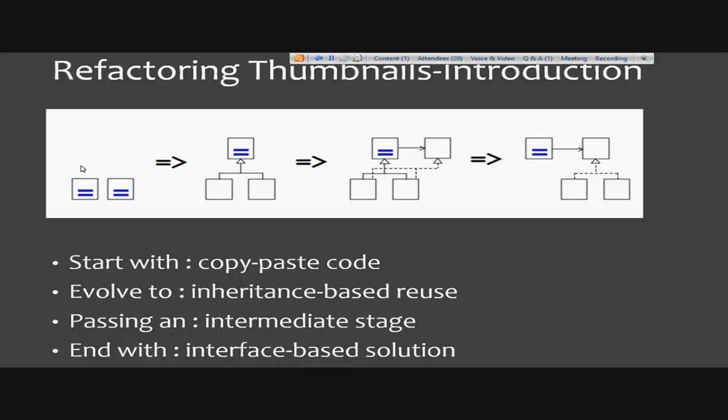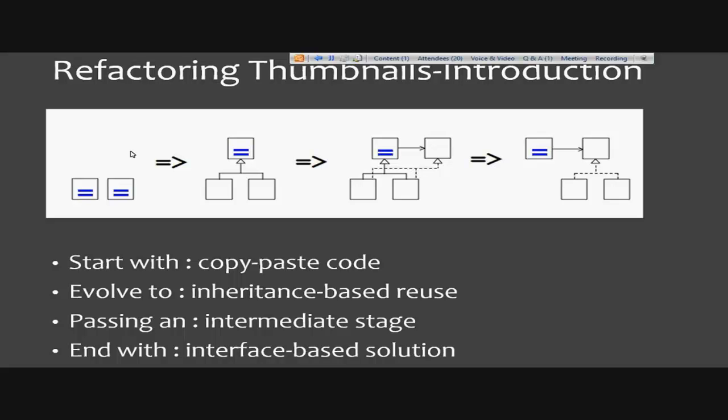This code, we extracted it and pulled it out in the next stage, so it sits in the superclass or base class. Then the next is a passing intermediate state here, and it ends with the interface based solution. So it is an interface.